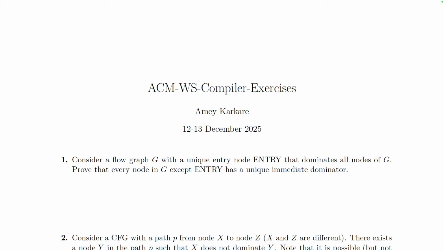Okay, what will be an immediate dominator? Given a node, if it has an immediate dominator, what will be the property? So X has an immediate dominator Y. Can there exist any other dominator between X and Y on some path? No.